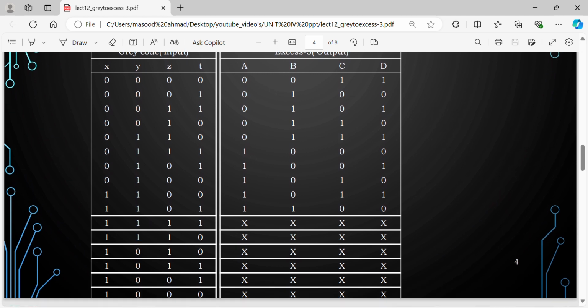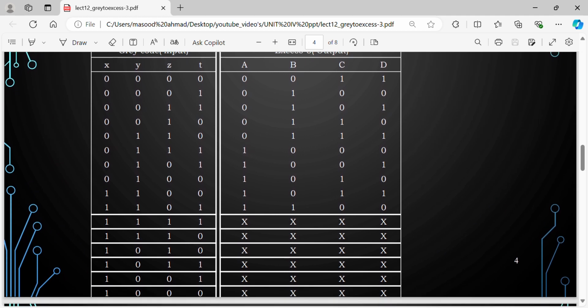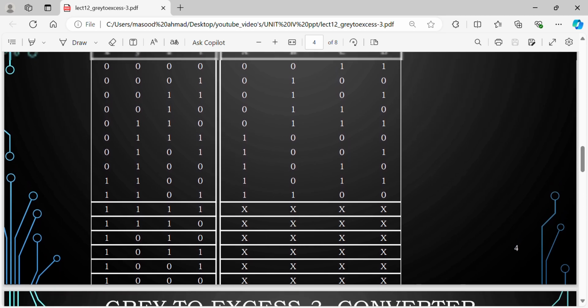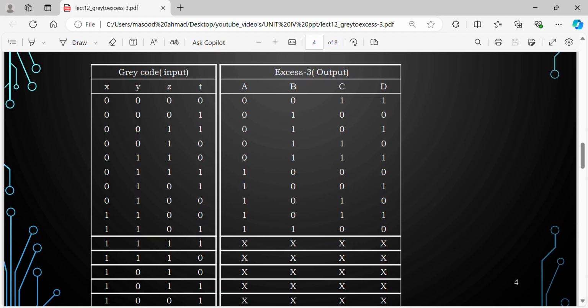Gray code is written as a 4-bit code, from four zeros to 1 followed by 3 zeros, which is a pattern it follows. Whenever the input is Gray code, it is not a sequential code. Like in binary code, you will get 0, 1, 2, 3, but you won't get that sequence here. So you should track the sequence, because when you want to write the expression for output in terms of input, the input sequence is not in order.